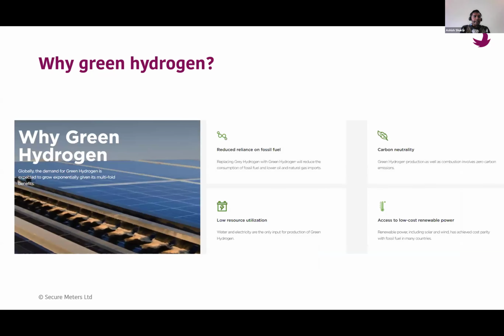So green hydrogen is when we are not using fossil fuel, so we are reducing the reliance on fossil fuel. It will be called carbon neutral because it's generated from a renewable energy source. We are not using any methane to create this.